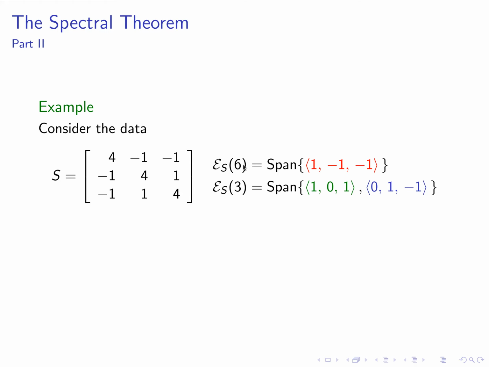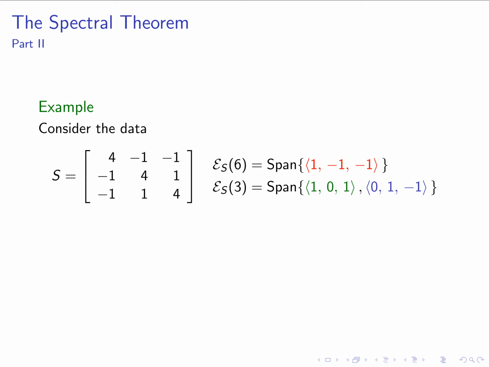What we found here is that each of these eigenspaces has bases that someone has provided for us. For lambda equals 6, the eigenspace is one-dimensional, and our basis vector is (1, -1, -1). And for lambda equals 3, our eigenspace is two-dimensional, and our basis is (1, 0, 1) and (0, 1, -1).